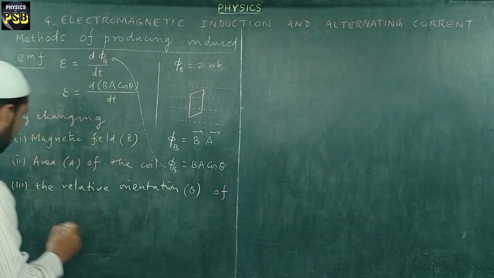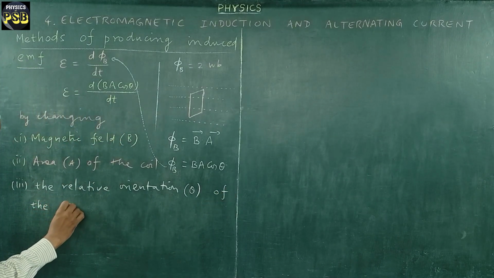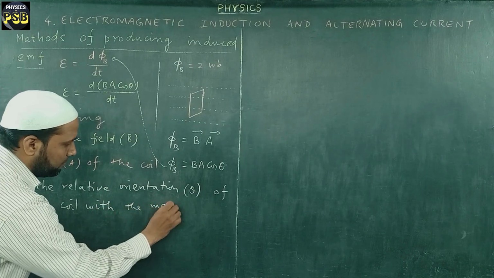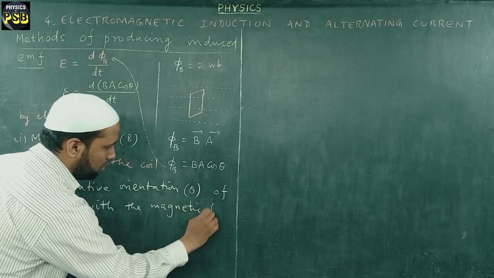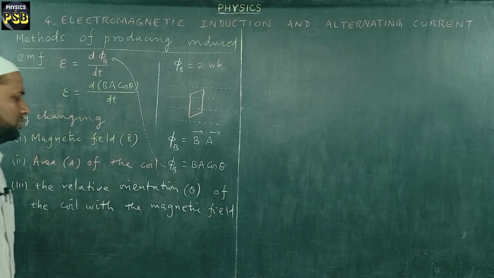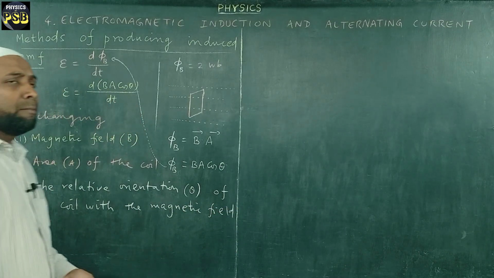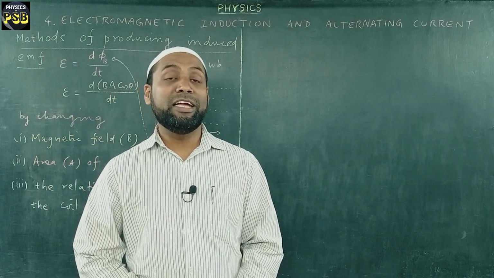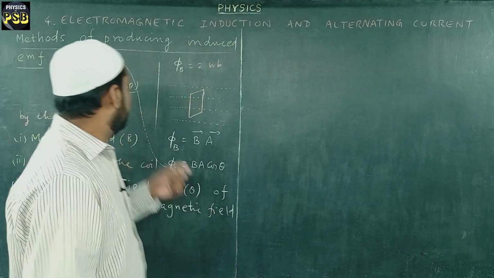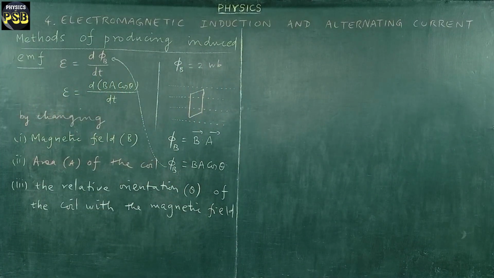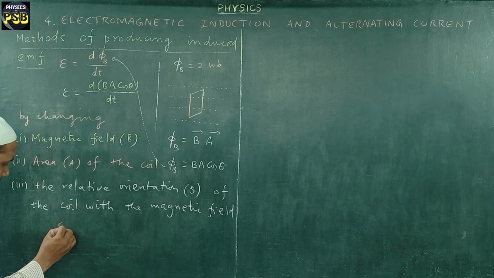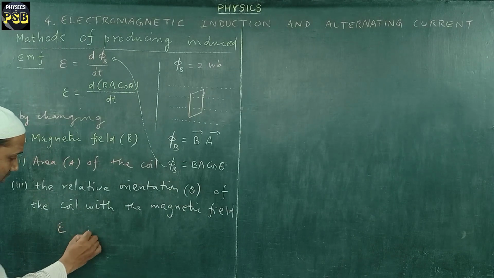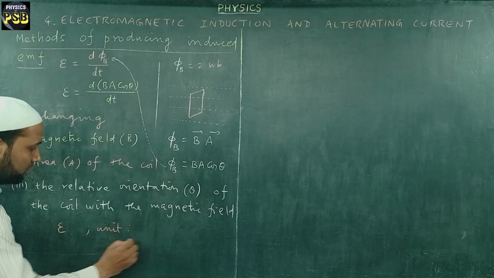So these are the 3 different methods by which magnetic flux linked with a coil can be changed to produce an induced EMF in it. The EMF generated here is represented by the letter epsilon, and it is known as induced EMF, and it is measured in the unit volt.